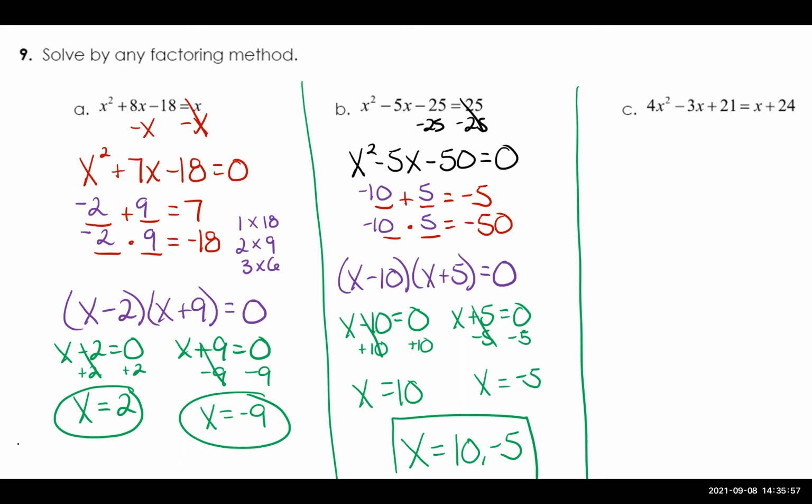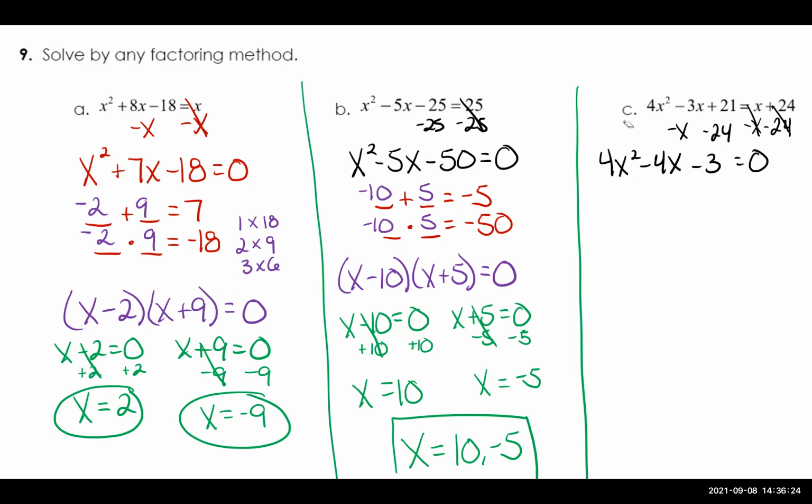Okay, part C. Once again, we do not have our equation equal to 0, so I'm going to start by subtracting x and subtracting 24. So we have 4x squared minus 4x minus 3 equals 0. This is a different type of factoring because our number in front of x squared is not equal to 1.